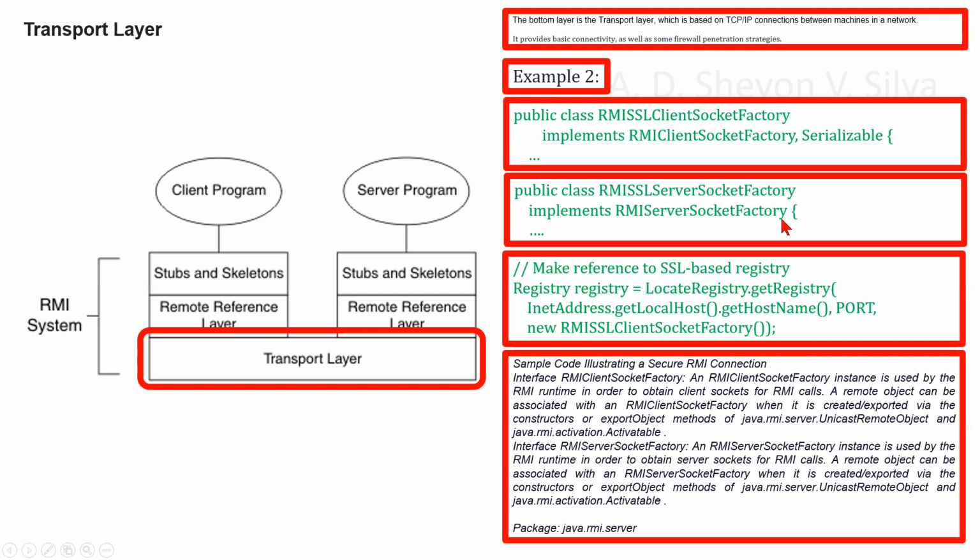These are in the java.rmi.server package. Here you can see a reference to an SSL-based registry in LocateRegistry.getRegistry, and here you can see a new RMISSLClientSocketFactory is there for SSL.